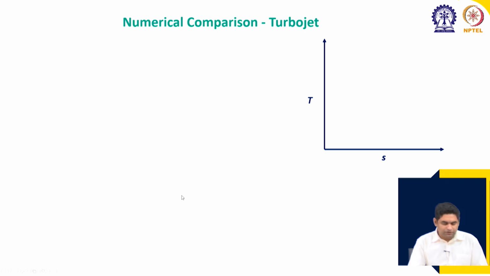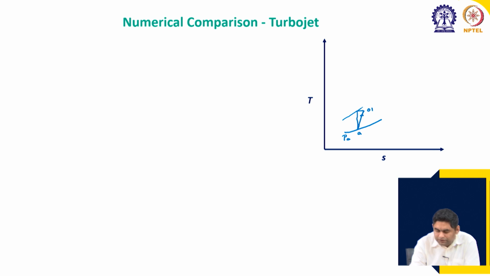Let us start by drawing the cycle quickly. This is the ambient pressure P A, and this is the diffuser process going from A to 01.